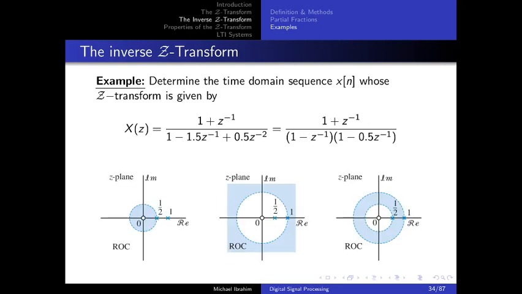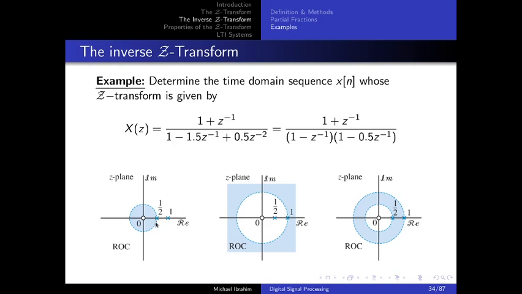So let's try to find out what the possible regions of convergence are. Now that we have a pole at 1 and another pole at half, we actually have three possible regions of convergence. The first region of convergence is inside the circle whose radius is half. In this case, since the ROC is going inward, the sequence in time x of n would be a left-sided sequence or an anti-causal sequence.